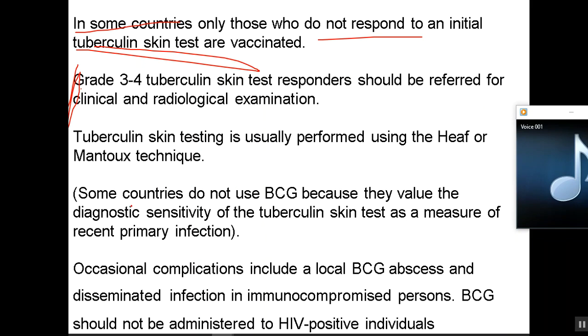The tuberculosis skin test is performed by this mechanism. Some countries do not use BCG because it affects the sensitivity of the tuberculosis test, as we discussed. Complications can occur in some people, such as abscess formation and infection in immunocompromised patients.